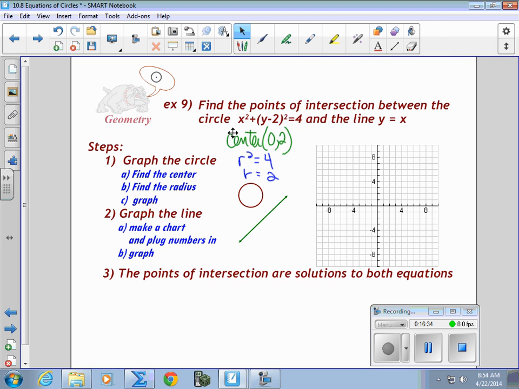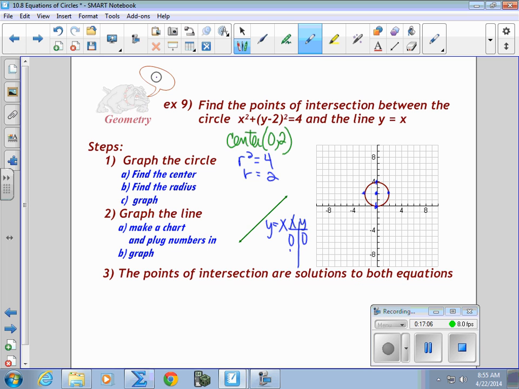So we'll plot these points. We have a center at 0, 2 and a radius of 2, so we'll go up 2, over 2, and down 2, and draw our circle. Next, we want to graph our line. The equation that we have for the line is y is equal to x. So we'll put together a chart to plug in some numbers. If we plug in 0, we get 0.